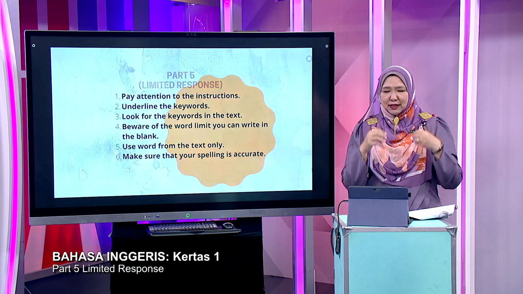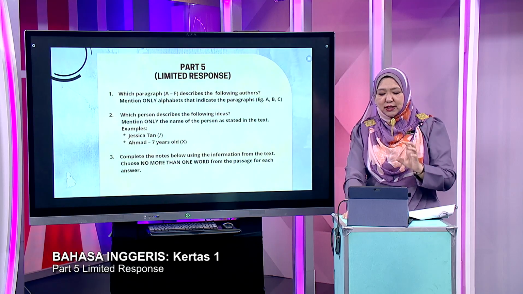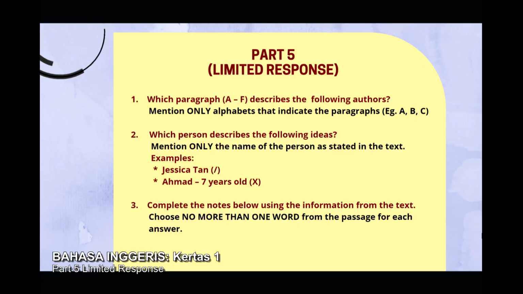Now I'll give you an example. Maybe you're not sure about it. For example, for the first task, the question or the instruction is: which paragraph, A to F, describes the following authors. So when you answer, mention only the alphabets that indicate the paragraph.